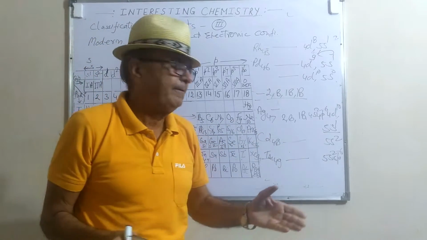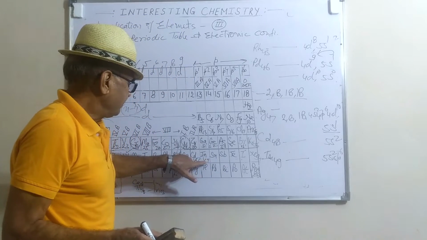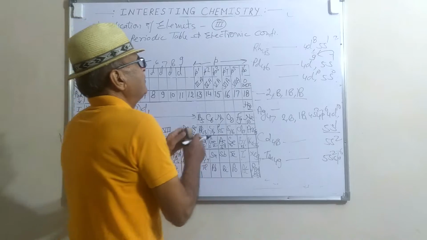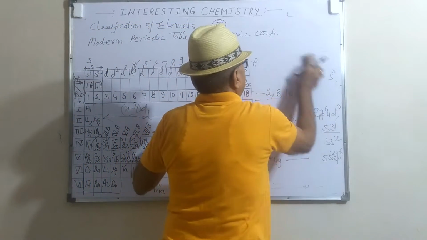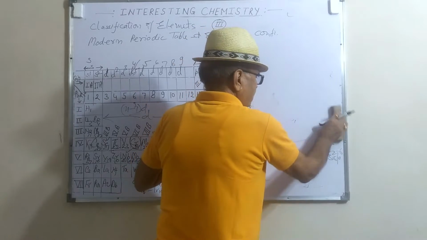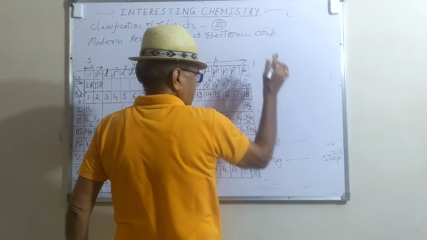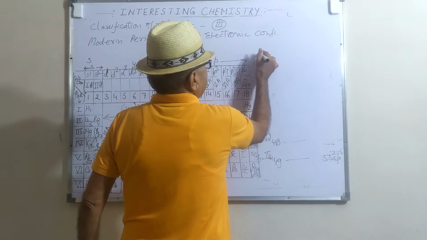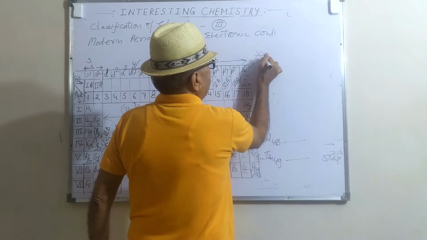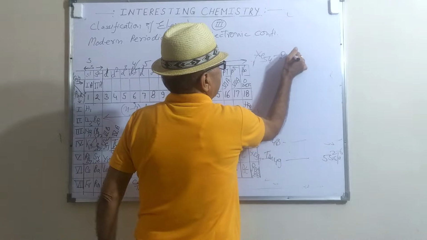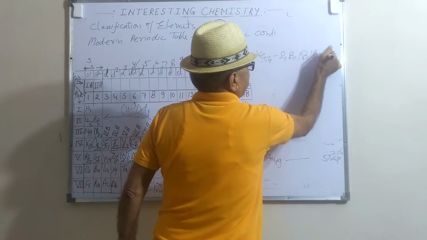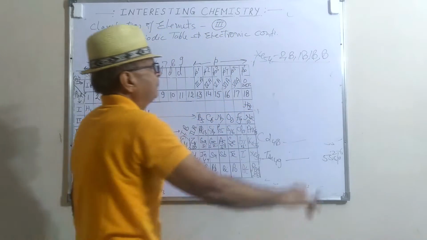So in this way p1, p2, p3 and p4 up to xenon. Gradually the electron will be added into p, and it will become p6. So xenon, number 54: 2, 8, 18, 18 and 8. It is the total 54.